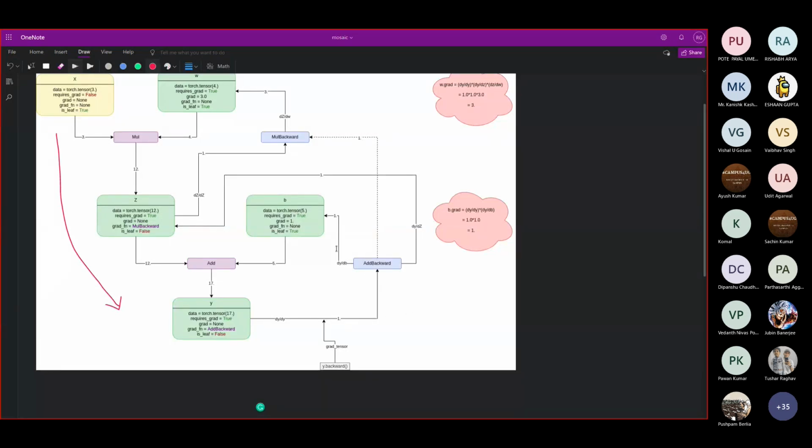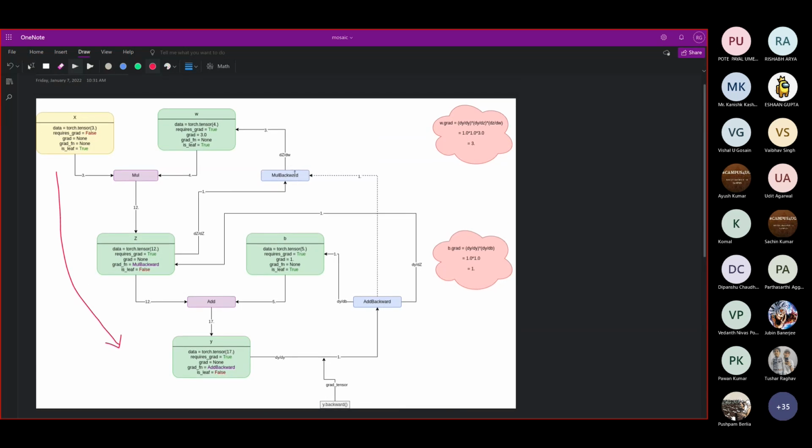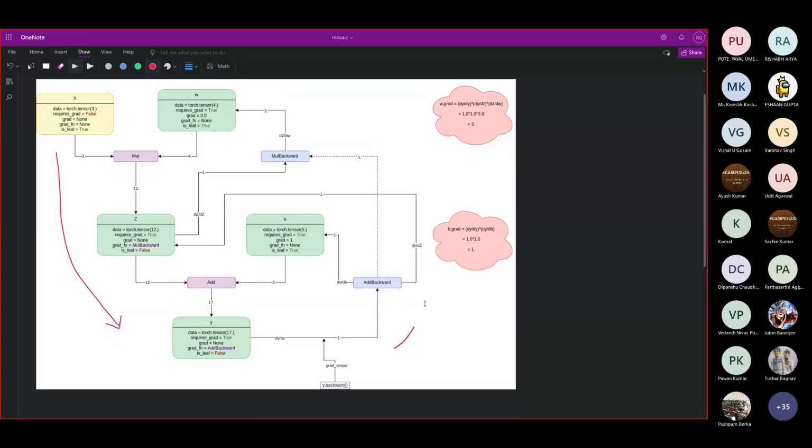So dy by db will be 1, then with respect to z will also be 1, and then for multiplication in backward, with respect to w we'll get 3, and with respect to x we don't need to do it because the gradient is false. So this part where we move backward is called backpropagation, and we can imagine there are two steps divided like this.